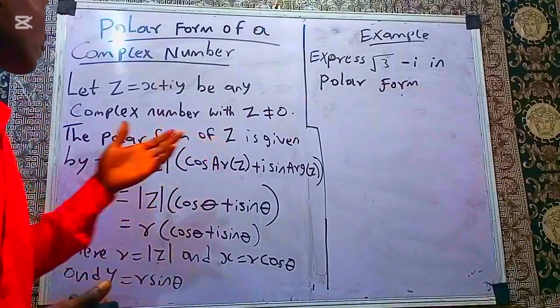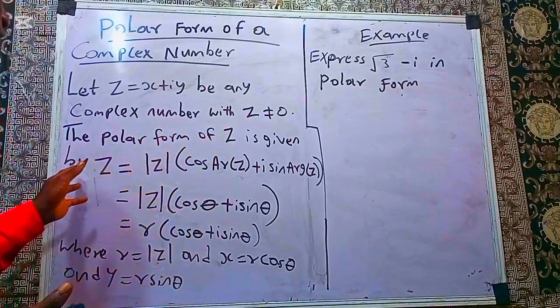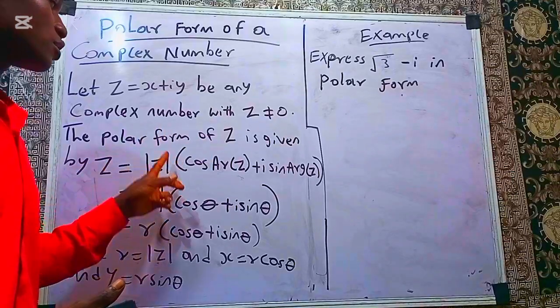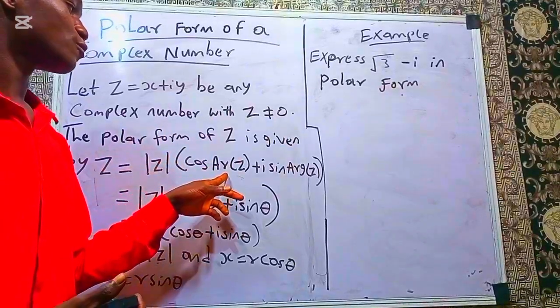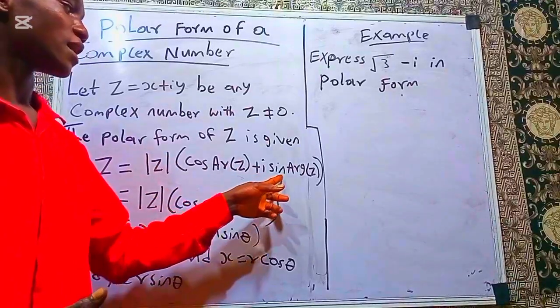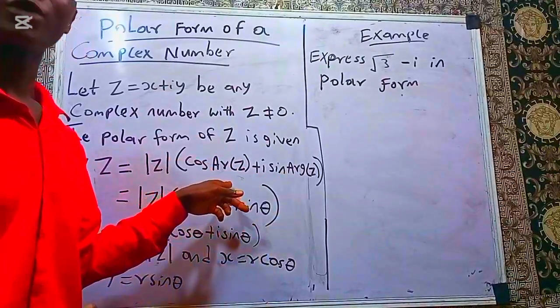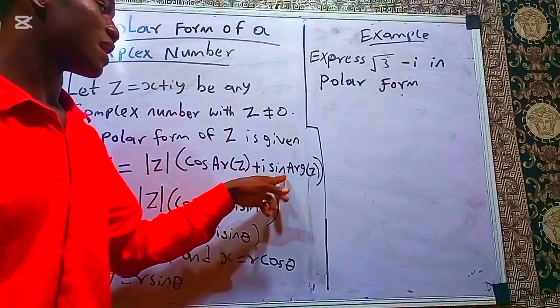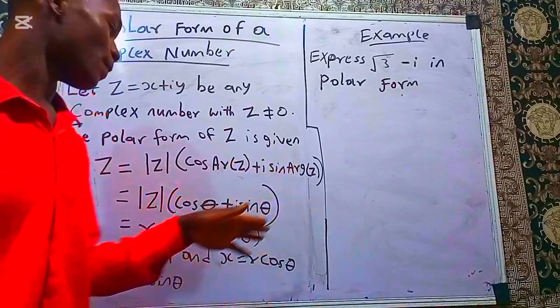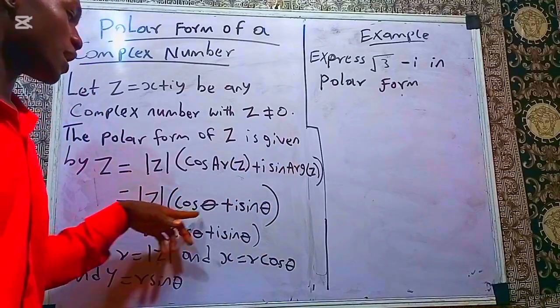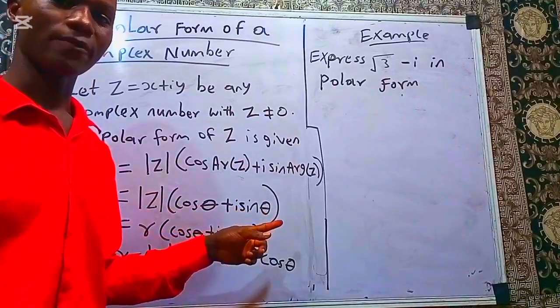Now the polar form of this complex number z is given by z equals modulus of z into cosine of the principal argument of z plus i sine of the principal argument of z, and this is equal to modulus of z into cosine theta plus i sine theta.